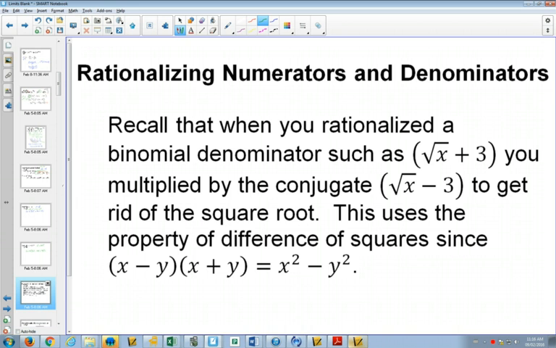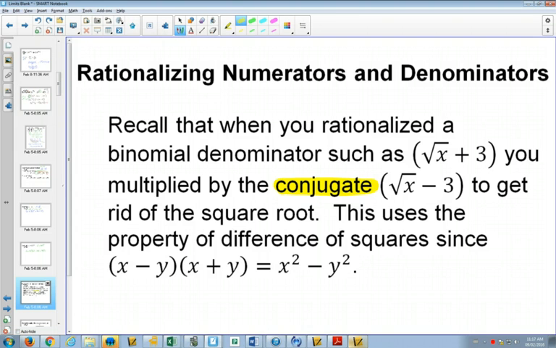But we see that this idea of rationalizing the denominator, this idea of multiplying by the conjugate, so here's a definition that you may or may not remember. The conjugate is just the same binomial with a different sign in the middle, and it helps us get rid of a square root.